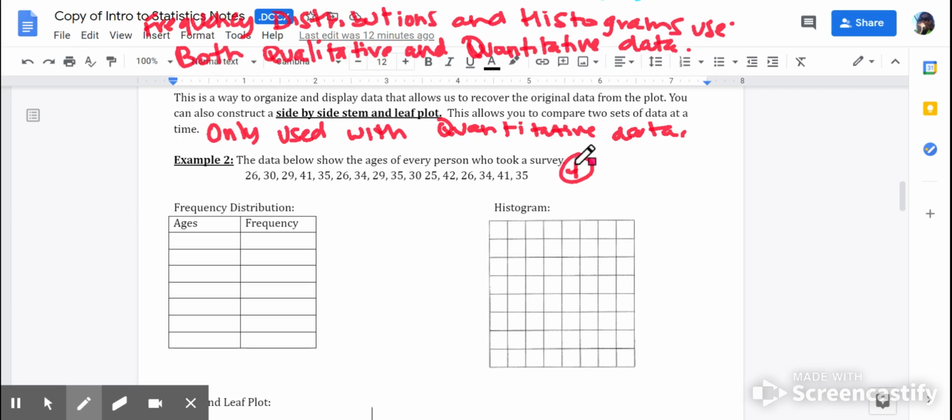That's going to be my bin size. So I'm going to start at 25 and go to 28. Then I'll go from 29 to 32, 33 to 36, 37 to 40, and 41 to 44.